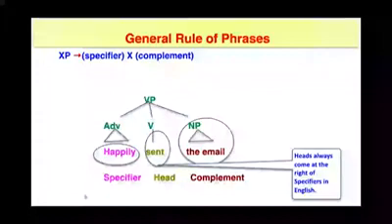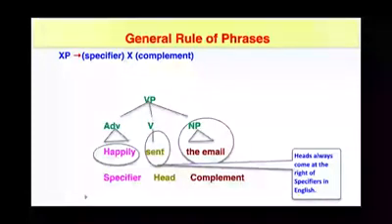Now, if you take this example here, we have a verb phrase: happily sent the email. This verb phrase is divided into an adverb, which is happily. Normally it's considered an adverb phrase, and if we refer to it as adverb, then we can make a triangle like this.